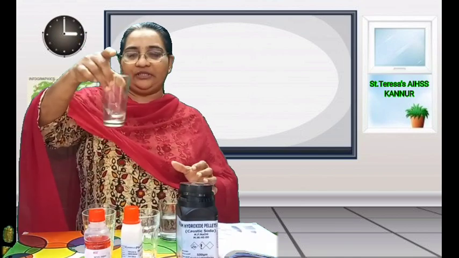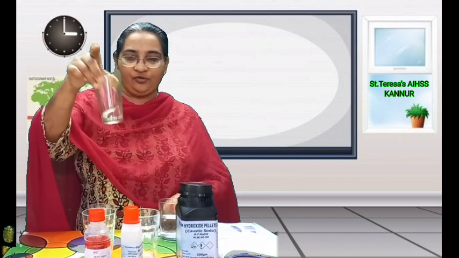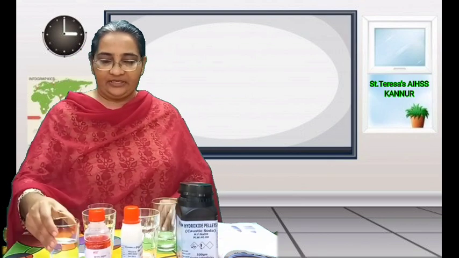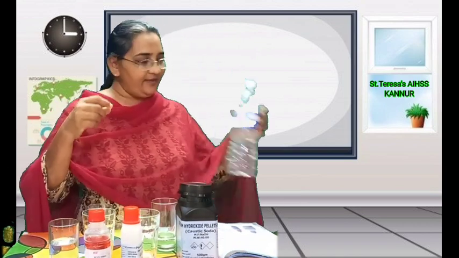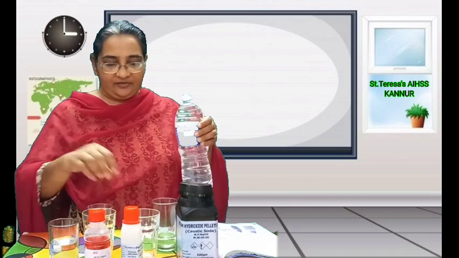Pouring water into this, and I am allowing it to melt here. It will melt. By then I am taking a very easily available acid. Which is the easily available acid that we have? Vinegar. So the teacher is taking vinegar also here, putting it into the cup. So we have vinegar and we have caustic soda solution. So two things are here.